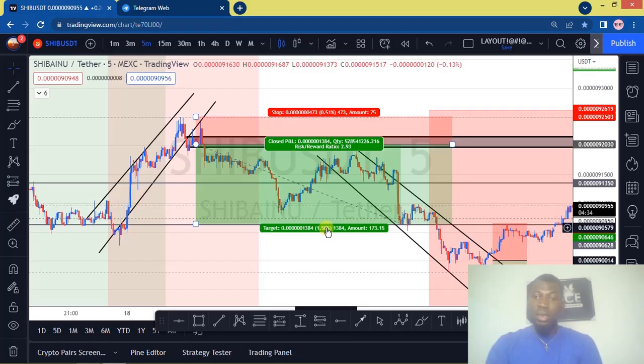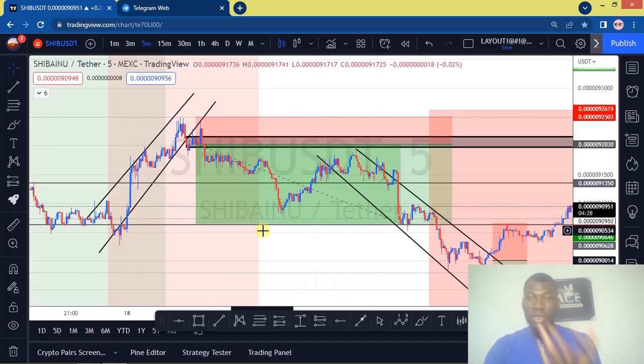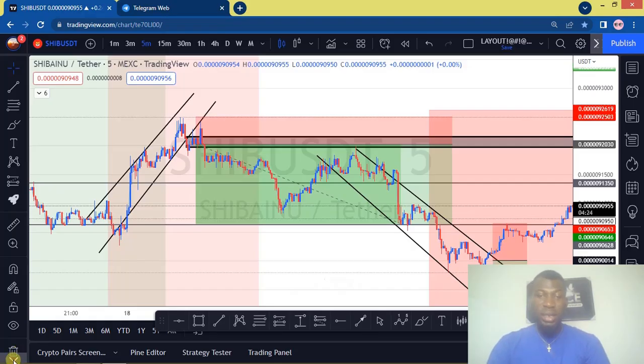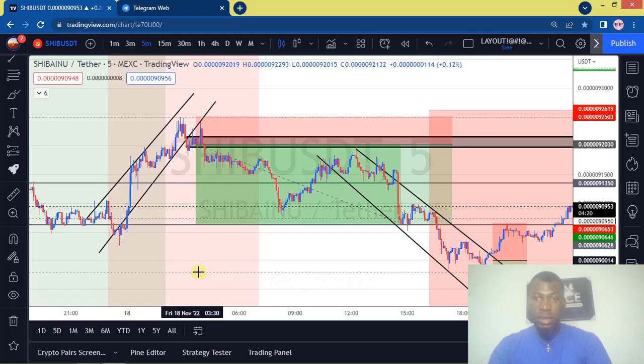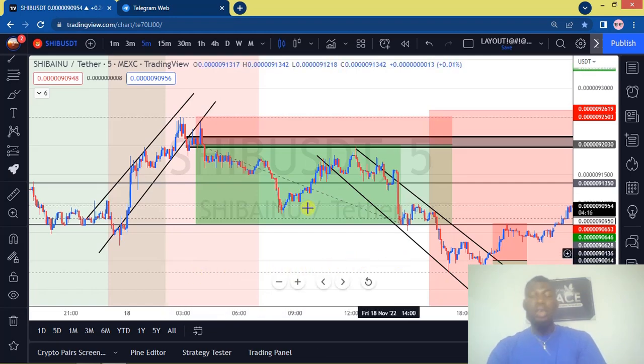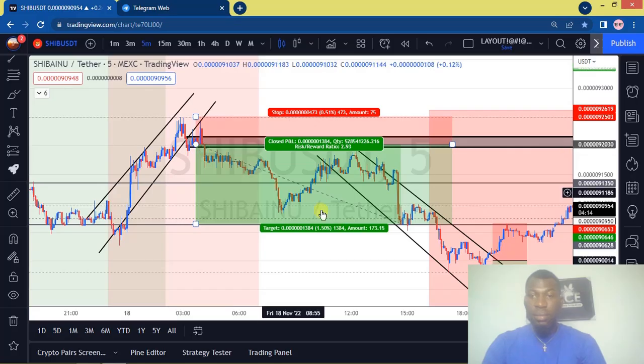So $100 gave about $10, approximately $11 profit on this trade. And this trade did not take long, at most it was about 3 hours.